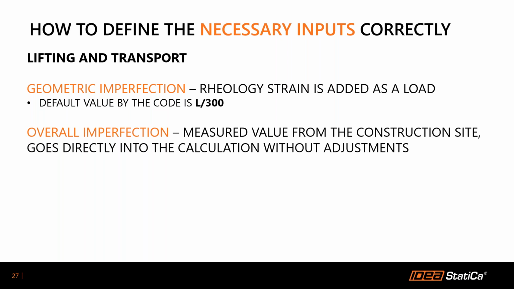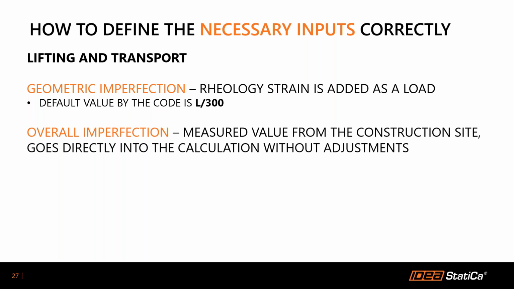The geometric imperfection, if it is defined by the code, which is the default value, is the length of the beam divided by 300, or you can input user-defined value for geometric imperfection.